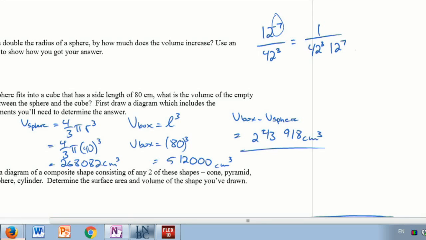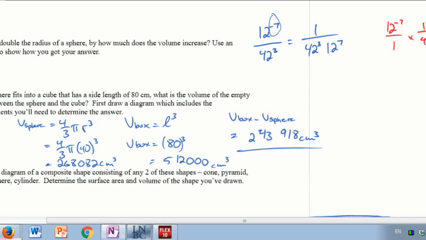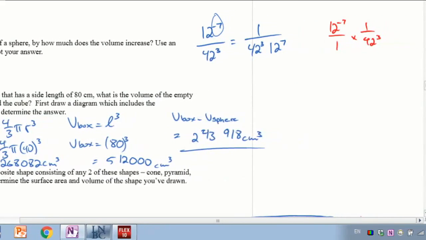Because, again, if I wrote it a different way, if I went 12 to the negative 7 over 1 times 1 over 42 to the power of 3, and then I flipped this guy, so I went 1 over 12 to the 7 times 1 over 42 to the 3, all I have on top is the 1. And then the order of multiplication on the bottom doesn't matter.